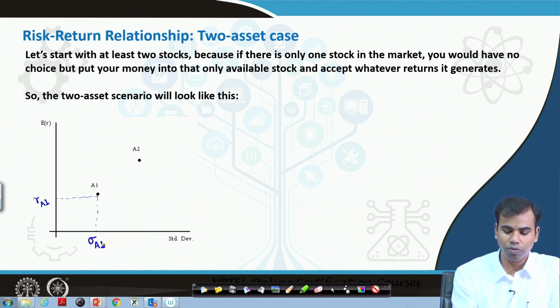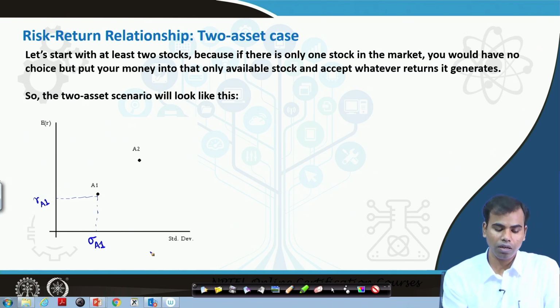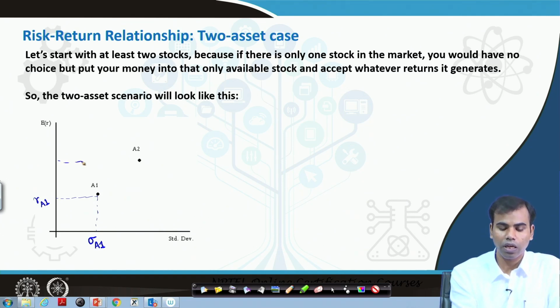Risk is denoted by sigma, which is the standard deviation, and return is denoted by R. Similarly, for asset 2, we have the return for asset 2 as given and the risk associated with asset 2.